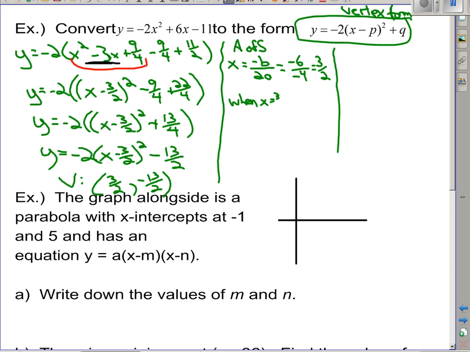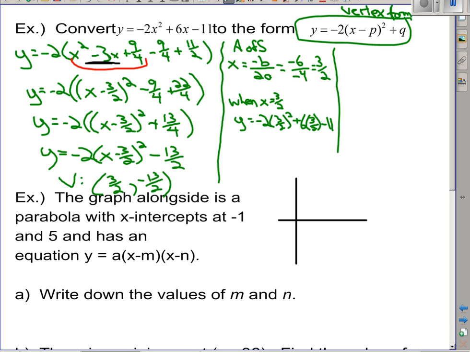When x equals 3/2, we can sub that in for y. y equals negative 2 times (3/2) all squared, plus 6 times 3/2, minus 11.